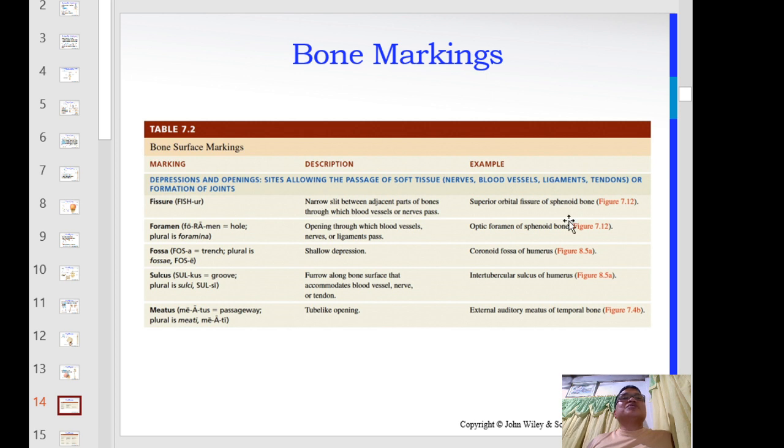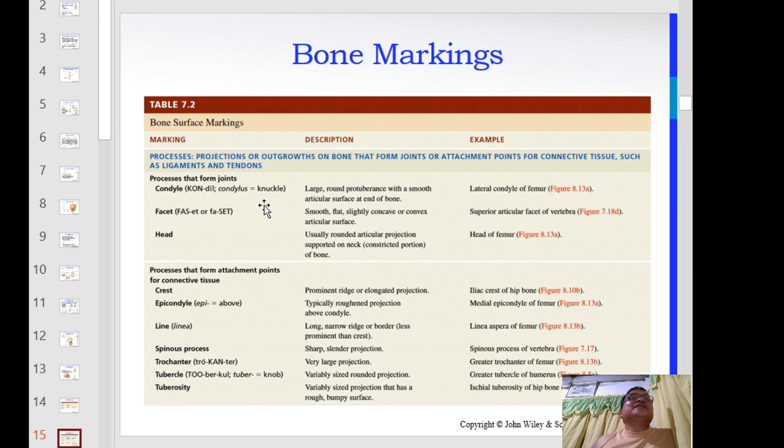This is the description example where we can find the markings. You have the markings, description, and example. Let's take for example head. Usually rounded articular projection supported on a neck of a bone. Example, head of the femur.